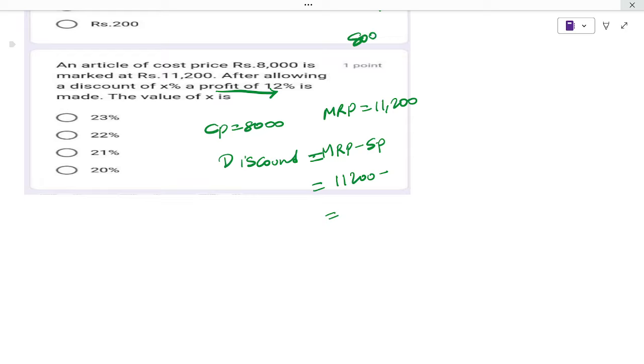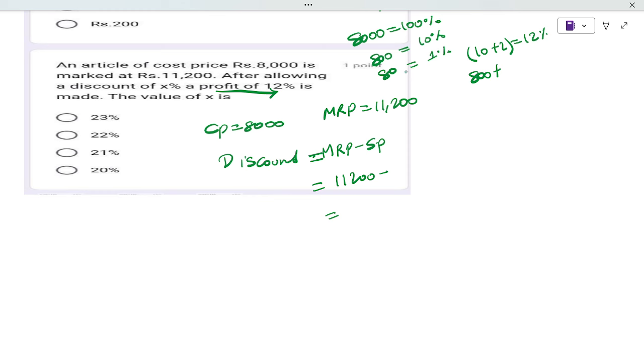So 8,000 as cost price is 100%. 10% is 800, and 1% is 80. 12% means 10 plus 2, so 10% is 800. 2% is 2 times 80, which is 160.